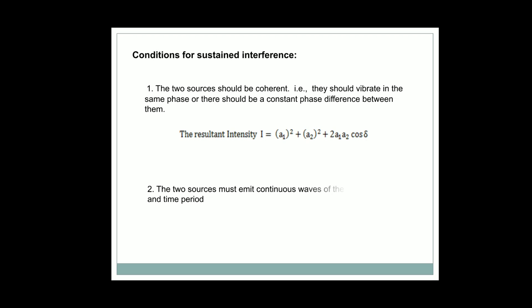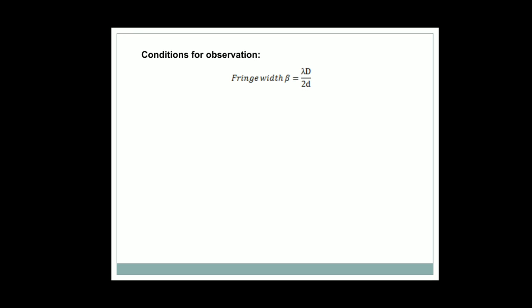The second point to obtain sustained interference is that two sources must emit continuous waves of the same wavelength and time period. It is nothing but the two sources S1 and S2 as shown in the figure must have the same amplitude and same time period, that is, the frequency of the two waves must be equal. These are the two conditions to observe the sustained interference.